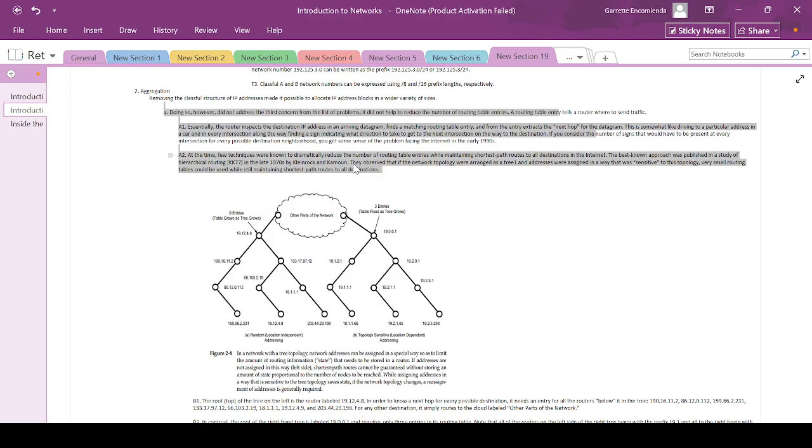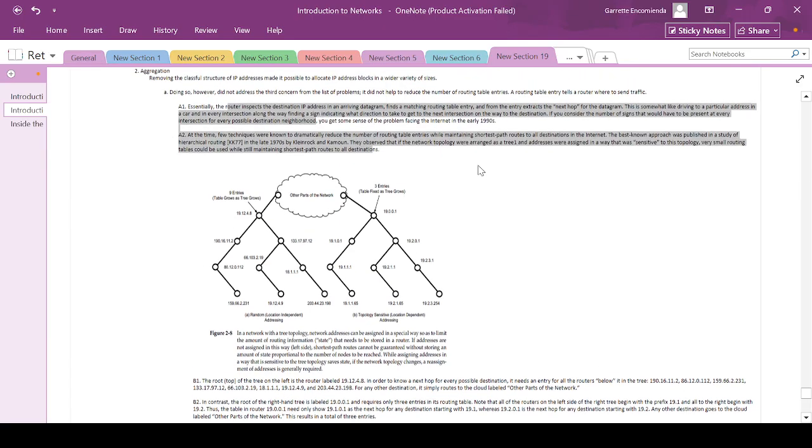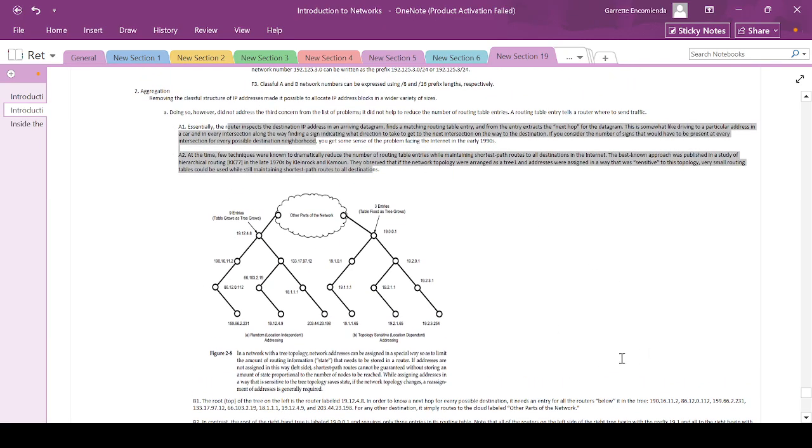So a routing table entry tells a router where to send traffic, the next hop. Essentially, the router inspects the destination IP address in an arriving datagram, finds a matching routing table entry, and from the entry extracts the next hop for the datagram.